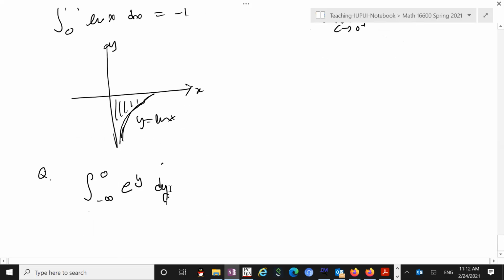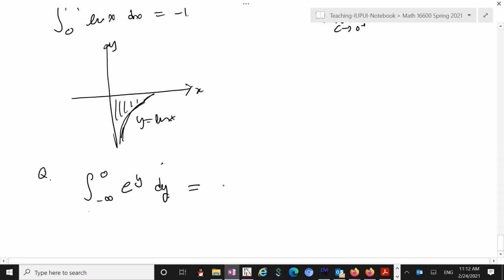This is going to be 1. If I put a negative sign in front of that, then it's going to be negative, but anyway, this is going to be 1.